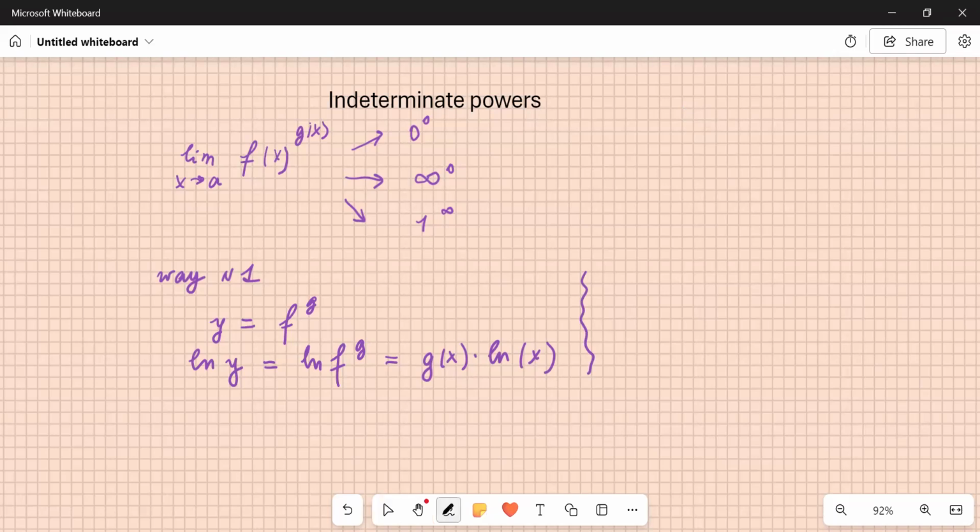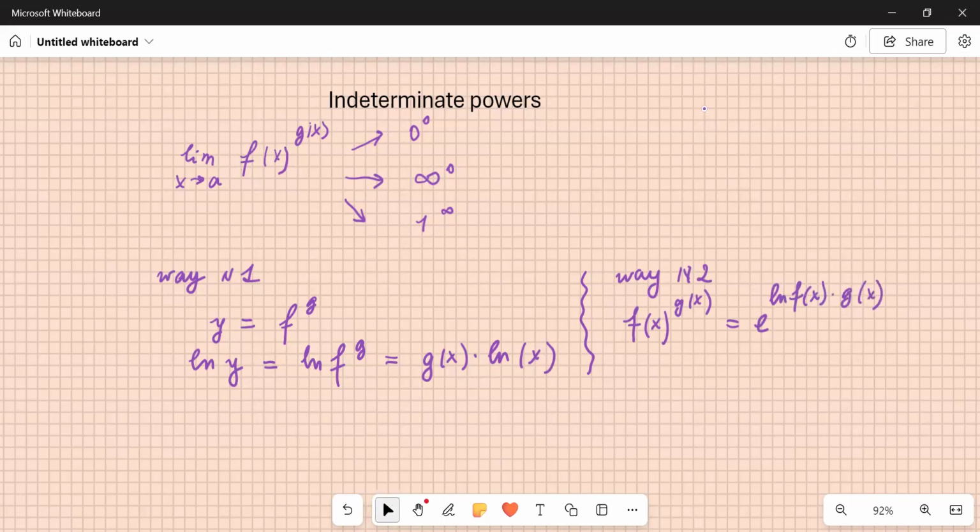Way number two, which is basically the same way, just a different representation. Represent f of x to the power of g of x as e to the power of ln of f of x multiplied by g of x.